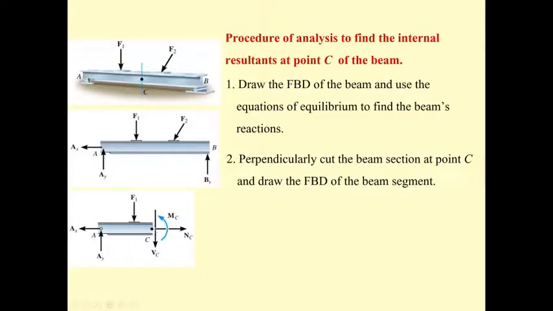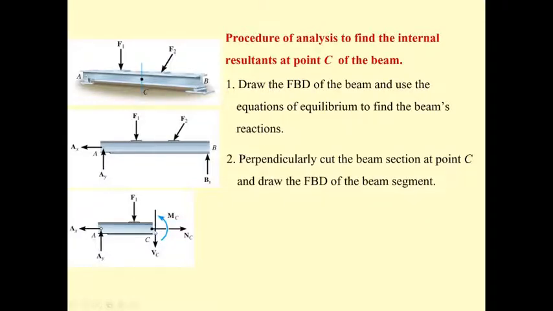To be in equilibrium, this section must have normal force, shear force, and bending moment. Where do these forces and bending moment come from? They come from the strength of this material.